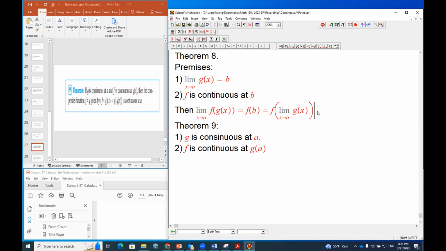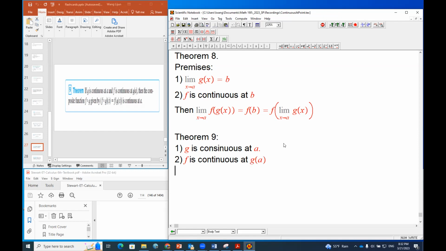In theorem number 8, it didn't require g to be continuous, but in theorem number 9 it requires g to be continuous at a, and f is continuous at b because that b will become g of a.